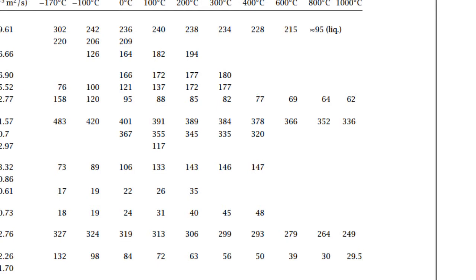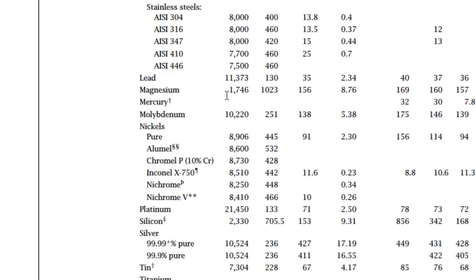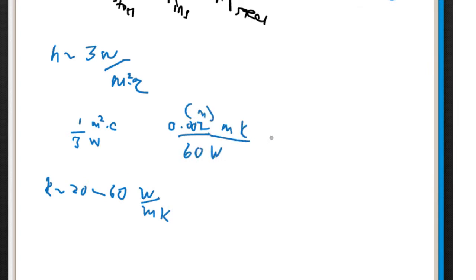And let's see. Over here, stainless steel on the order of 10s, 20. So let's see. For a value, let's pick the worst case scenario using about 60 watts per meter Kelvin. Could be smaller. I guess that's not the worst case scenario. I guess it would be stainless, like around 20.